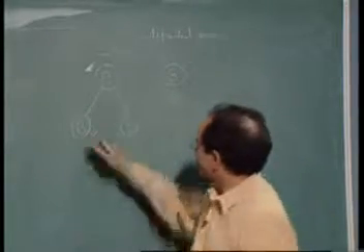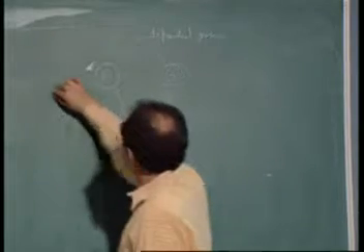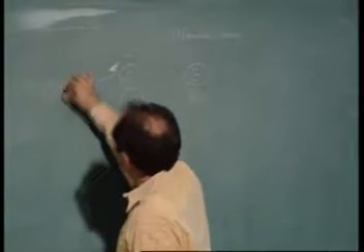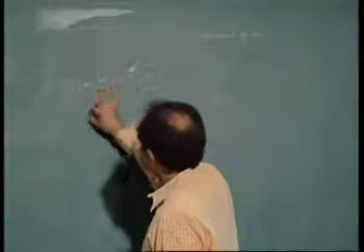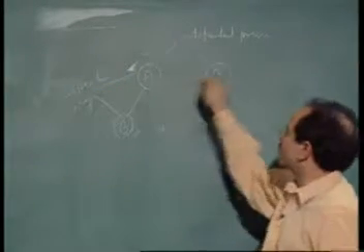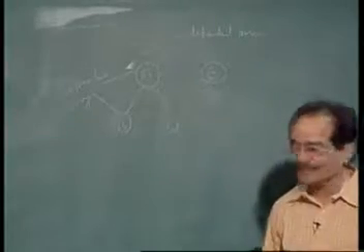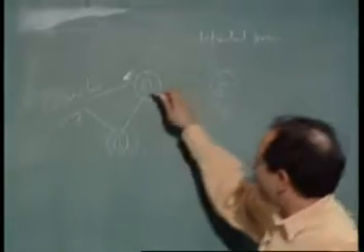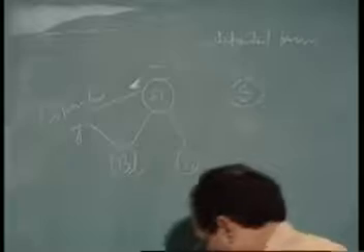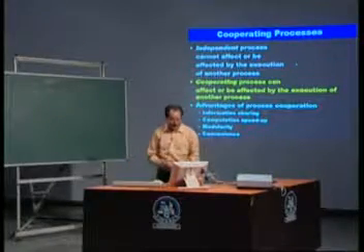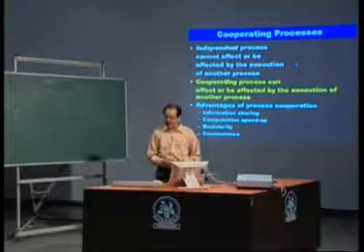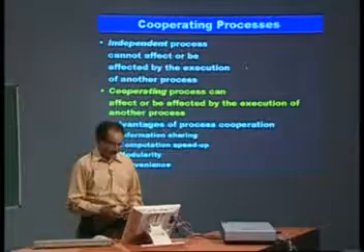These are the processes which will be executed in a cooperative way. Whereas, if I look at process A and B, they are independent, while these will be executed in a cooperative way. So this is what we call cooperative processes, that is, a process which is affected by the execution of the other process.